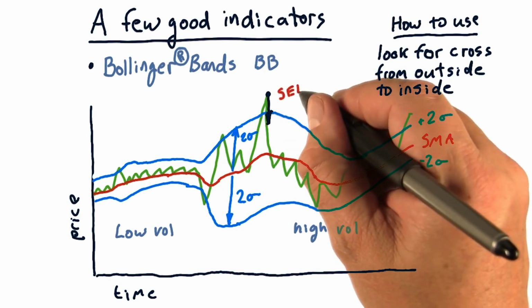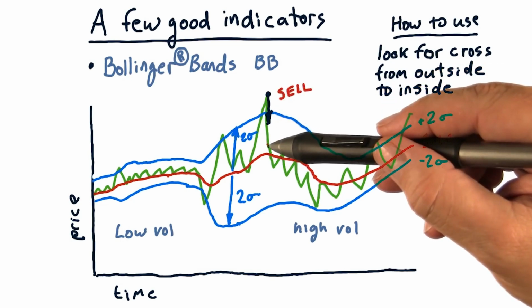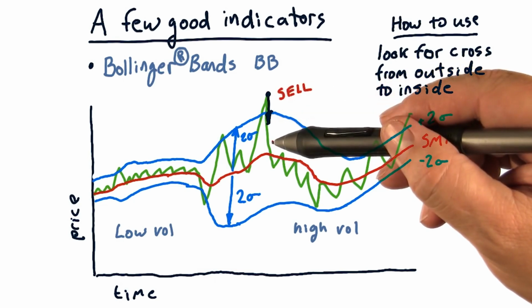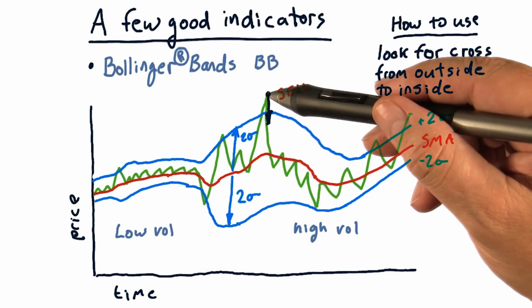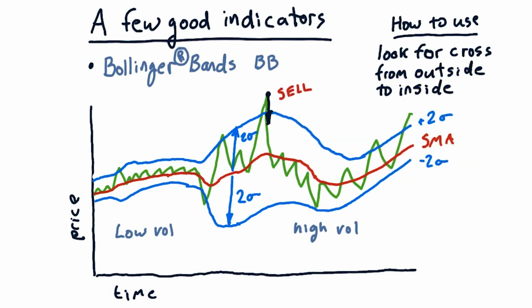So this would be a sell signal. We've got a large excursion from the simple moving average, and we're expecting that it will retreat back to the average. And it's demonstrated that it's retreating because it's gone from outside the band back towards the moving average.